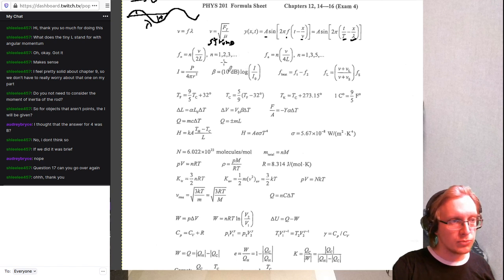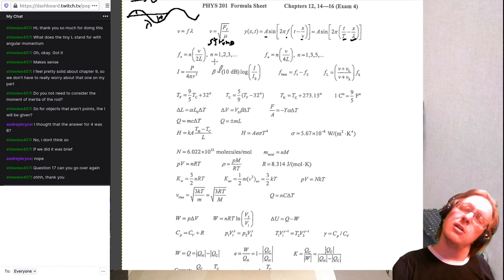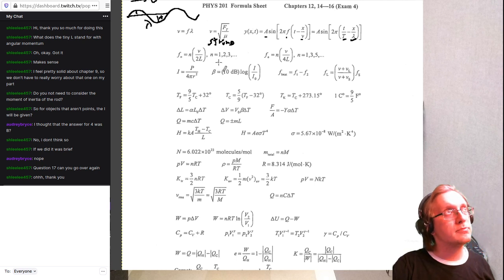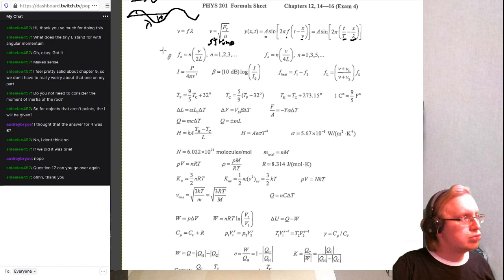Let's see here. What do these go for? These are for the frequency of standing waves. If we have a string, the frequency of a standing wave on the string is related to its length, the velocity at which the waves will traverse it, and a number n.